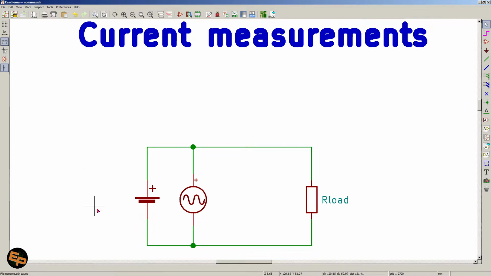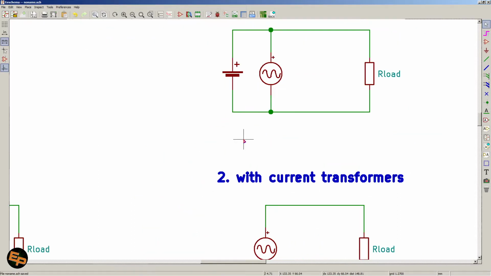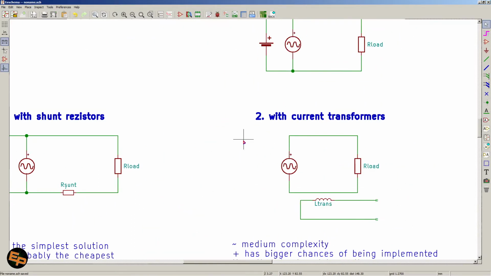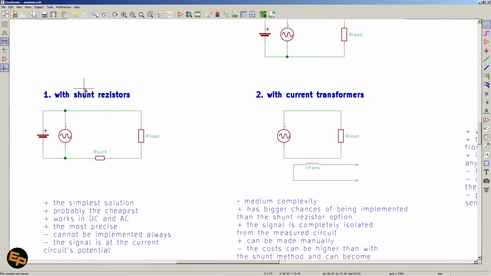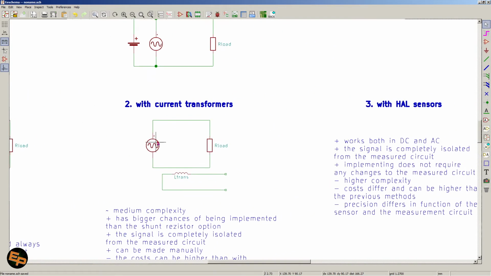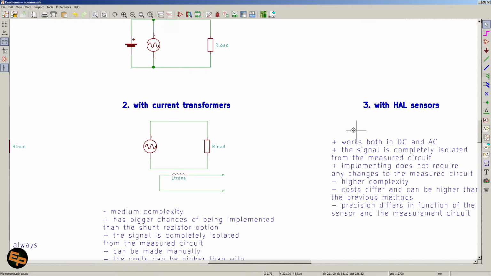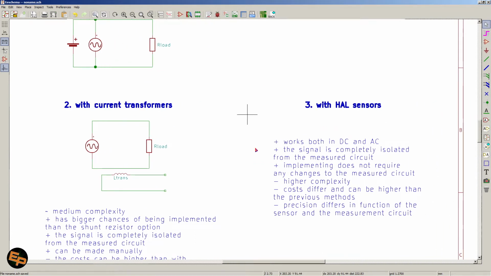So with this in mind, we are going to see what we can do to measure this current that flows through here. As far as I know, we have three options. We can use a shunt resistor, we can use a current transformer, or we can use a Hall sensor.